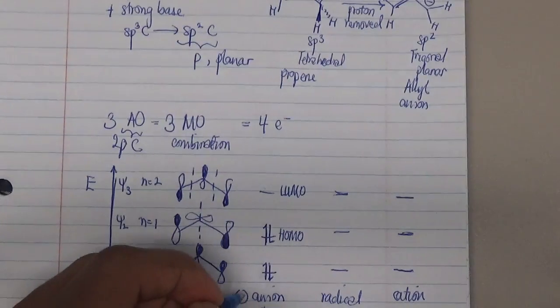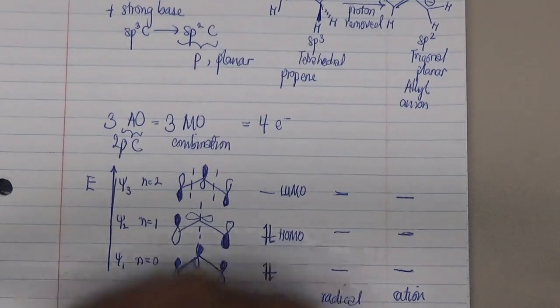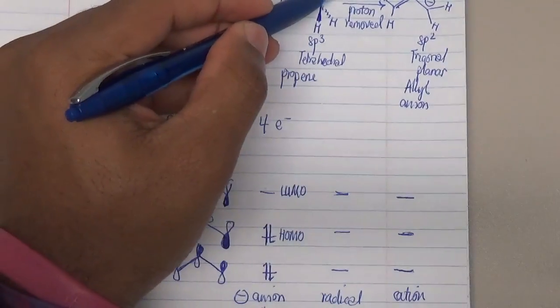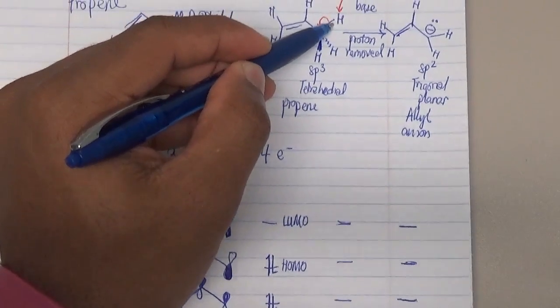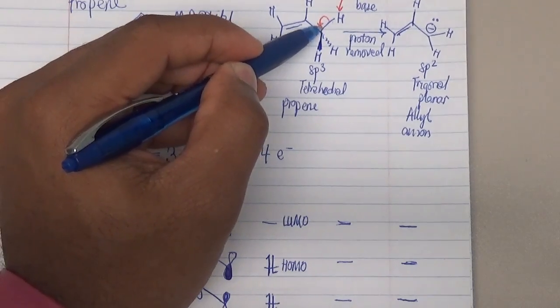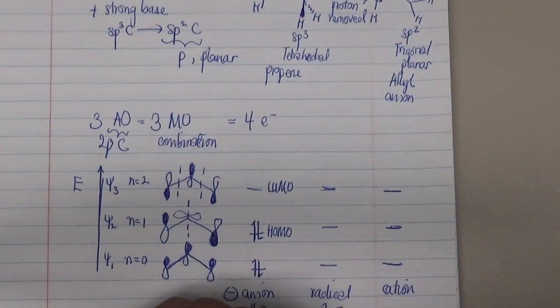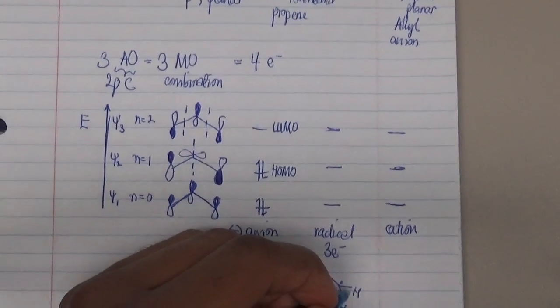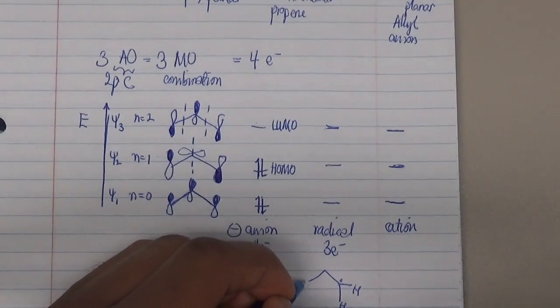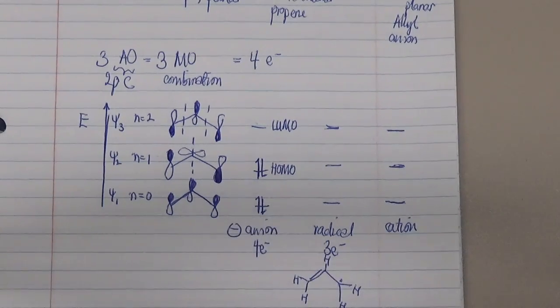Now the radical will have 3 electrons in this case, where we remove a hydrogen with 1 electron over here, and the 1 other electron is then included into this particular region over there. And let me just draw it here properly. Yeah, we have this over there, and we just have our hydrogen and our hydrogen over there.